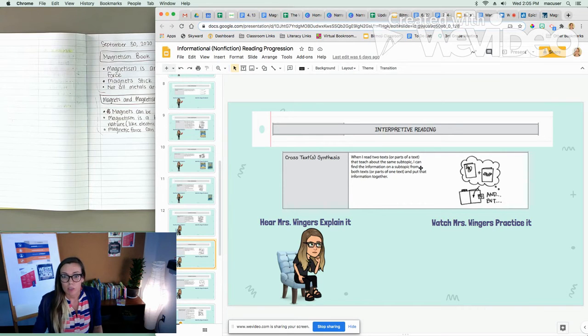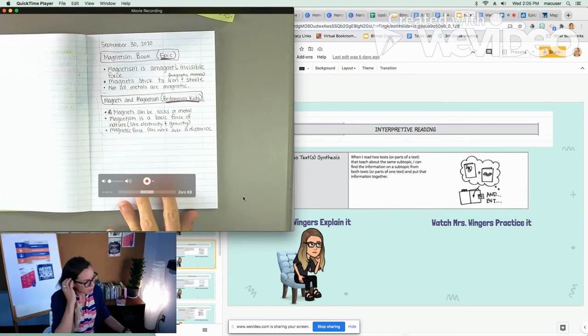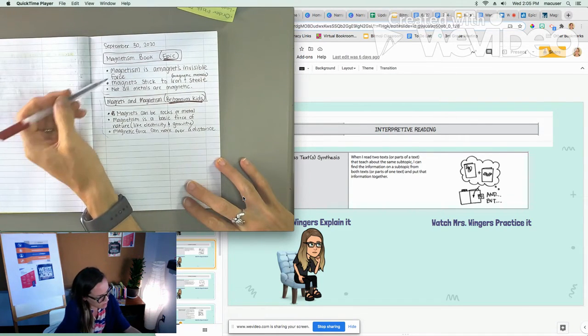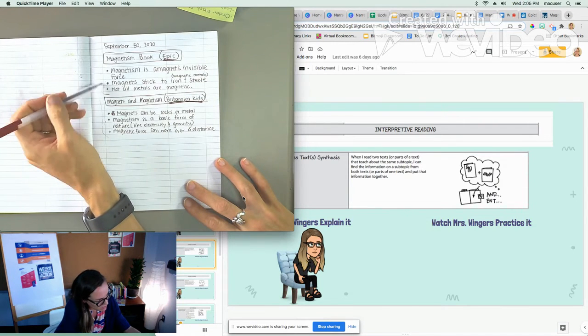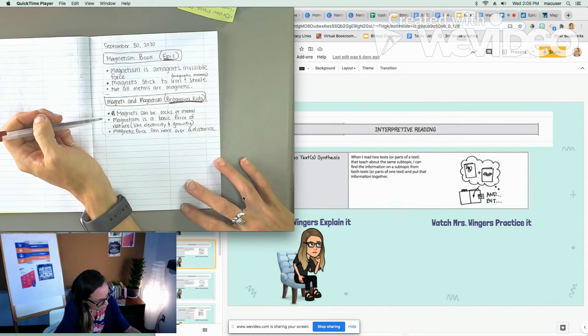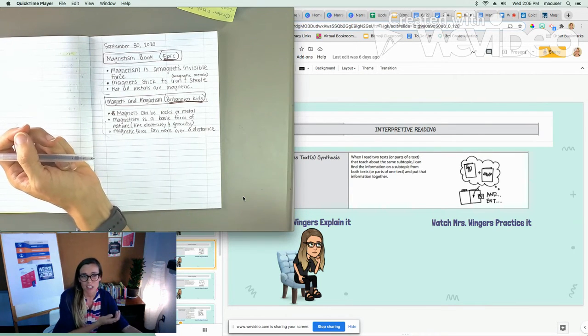I can find the information on a subtopic from both texts, and I put that information together. So here, how is this information connected? What is similar? What can connect? And then how can I use my own thinking to write a sentence or two to show how they connect?